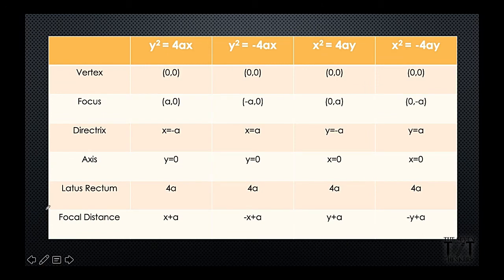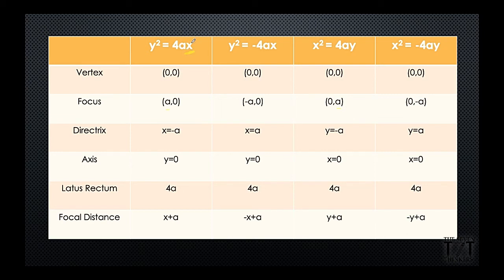Vertex remains the same for all the four parabolas. It is the x and y coordinates being interchanged, or the x coordinates being interchanged with the sign. The directrix also, as you can see, x is equal to minus a, x is equal to plus a, and y is equal to minus a and y is equal to a. Axis, first it was the x-axis, y is equal to 0.